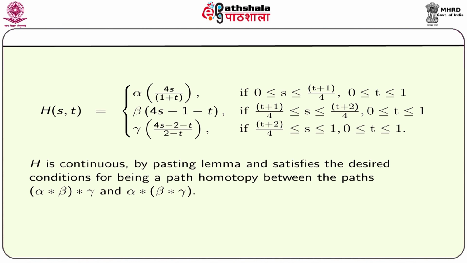And of course, if H is a continuous function, it can be checked that it is actually a path homotopy between (alpha star beta) star gamma and alpha star (beta star gamma).